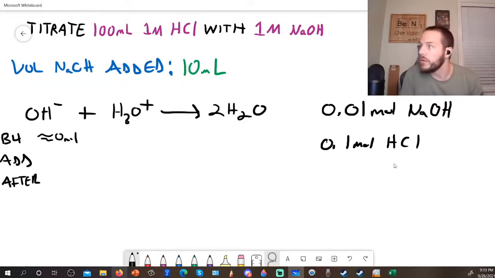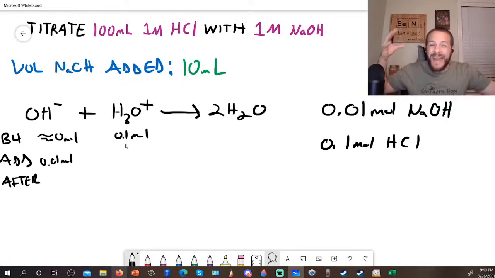And then we figured out earlier that initially we have 0.1 moles of hydronium ion, right? Now, our addition, what did we add? Well, we added 0.01 moles of sodium hydroxide. So that means we added 0.01 moles of hydroxide ion, right? All of that added hydroxide is going to be neutralized by the hydronium because we have an excess of it. We have more than enough hydronium ion to react with all of the hydroxide ion that we add.